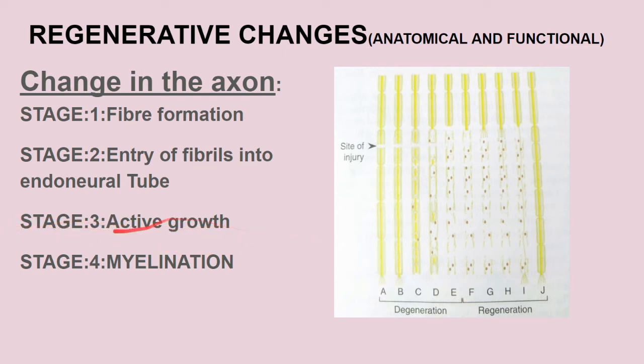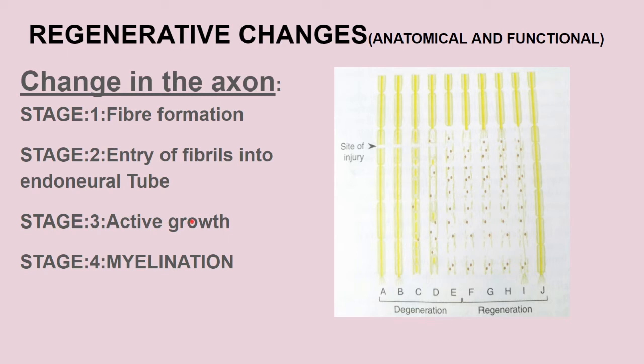Okay, so up till stage 3 there is only the reaching of the fibril up to the distal ends, entering into the endoneural tube with the help of Schwann cells, and then there is active growth in which the fibrils make contact with the appropriate peripheral end organ. Now up till this point, the process takes about 3 months.